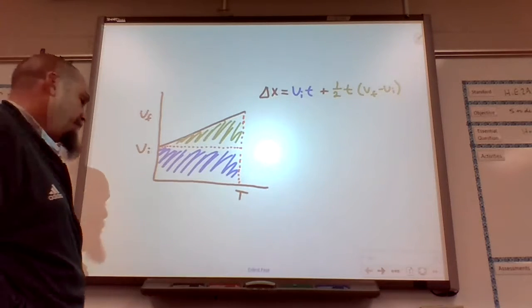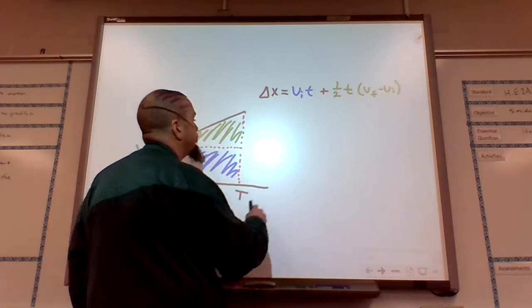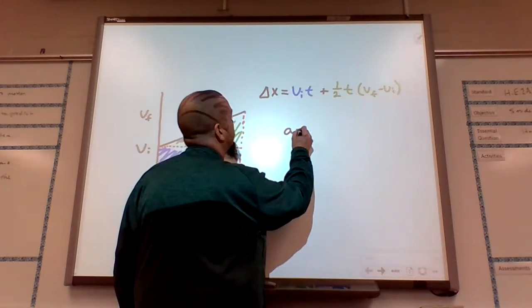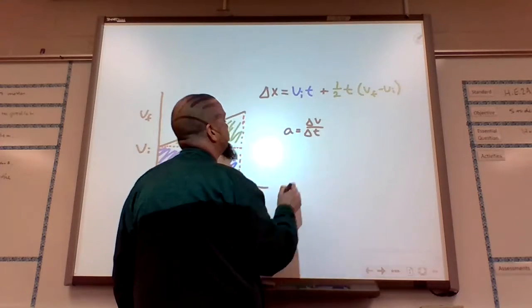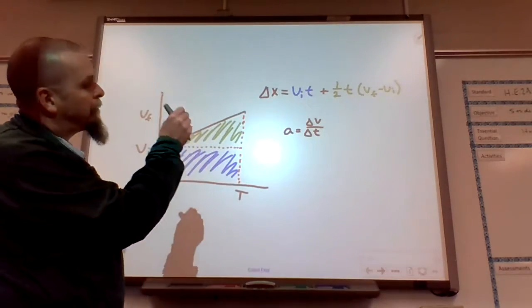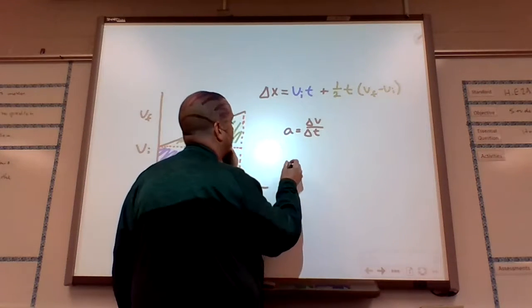So to get rid of VF, we're going to turn to the acceleration equation. Our acceleration equals delta V over delta T, and break down that velocity into VF minus VI.